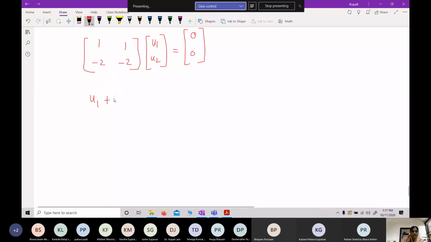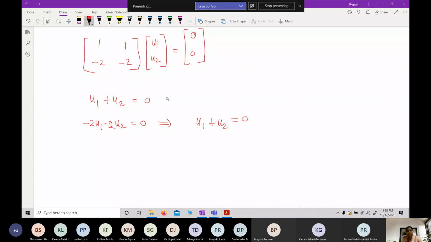u1 plus u2 is equal to 0 and minus 2 u1 minus 2 u2 is equal to 0, right? So again this implies u1 plus u2 is equal to 0.